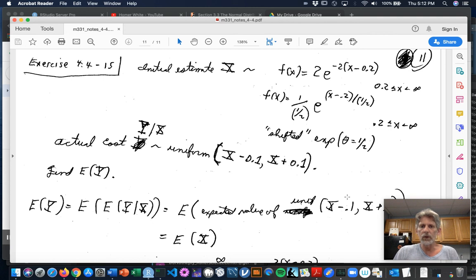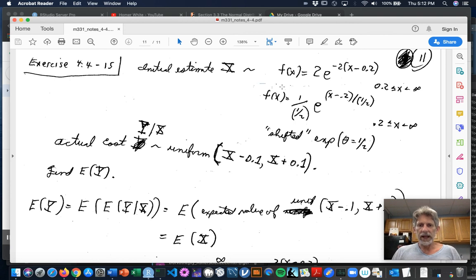Sometimes higher, sometimes lower, but on average equal to the initial estimate. Now, let's say his initial estimate X in thousands of dollars is given by this PDF: 2 times e to the negative 2 times (x minus 0.2), for x at least 0.2.